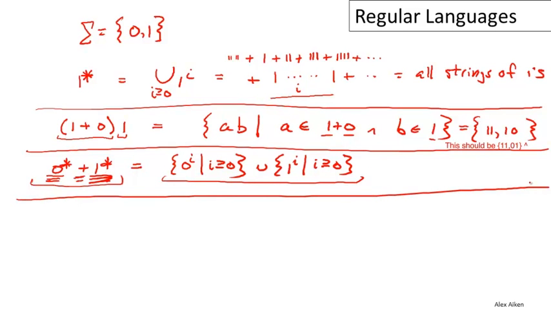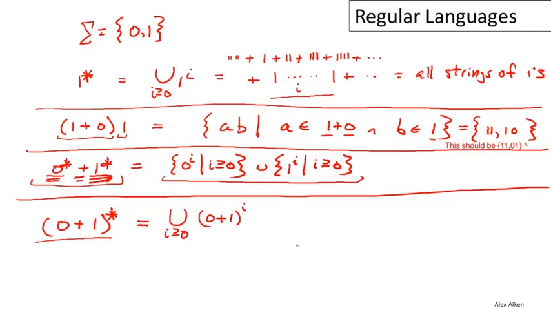And for our last example, let's think about 0 plus 1, now iterated. So we put the star around the union of the two individual characters, instead of having the star on each character individually and taking the union of the two things. So what is this expression equal to? Well, let's work with the definition of star. This is the union over i greater than or equal to 0 of 0 plus 1 to the i.